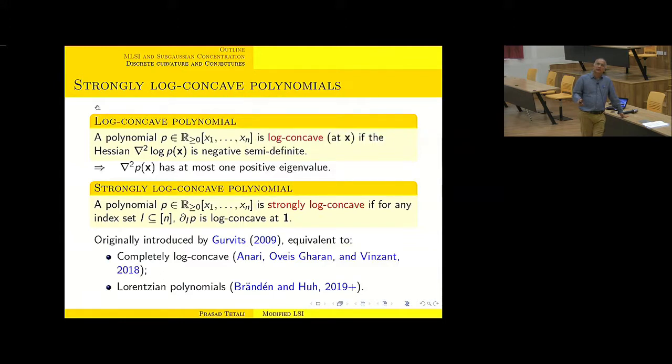Turns out a particularly useful condition, and this is crucial to all these results on mixing, the spectral gap and entropy contraction, is that the Hessian has at most one positive eigenvalue. At most one positive, and the others are all negative. And that gives you the way they reduce the problem to some two-level problem, spectral gap immediately.